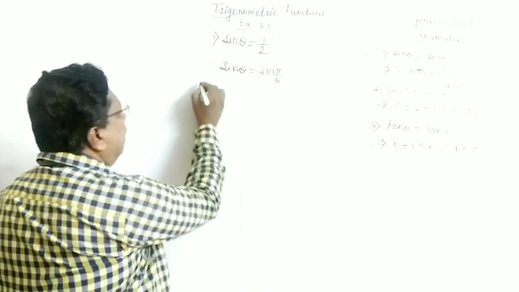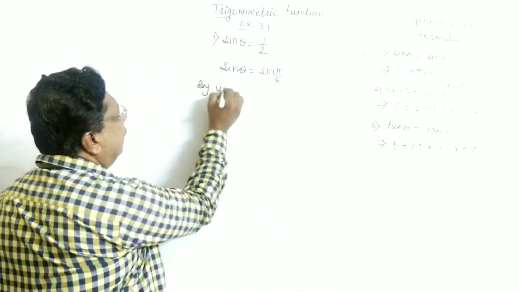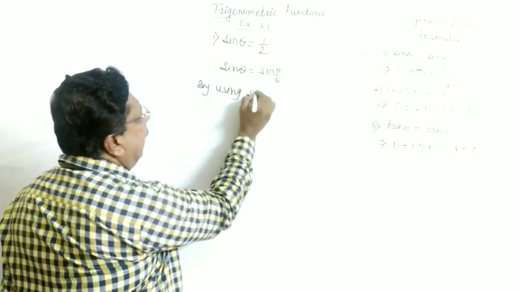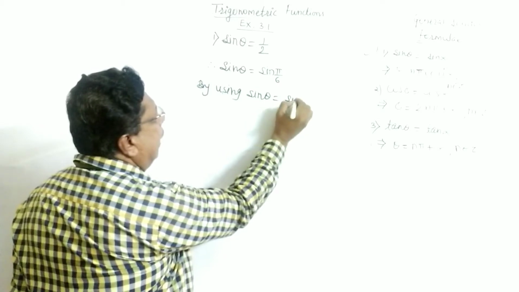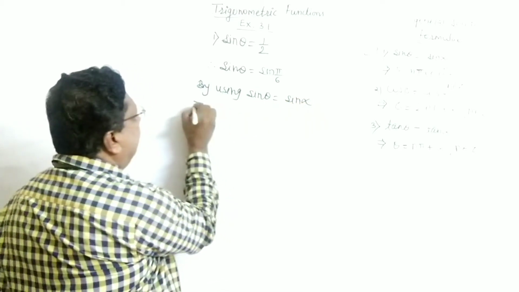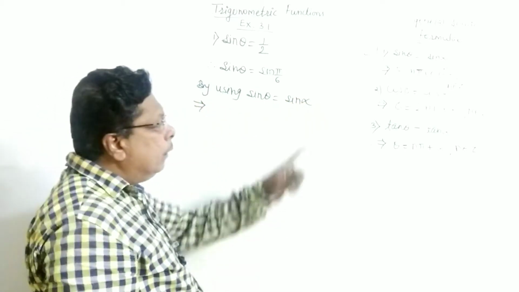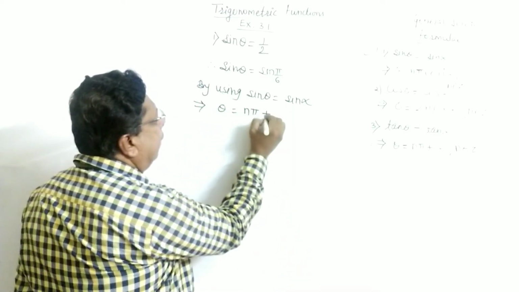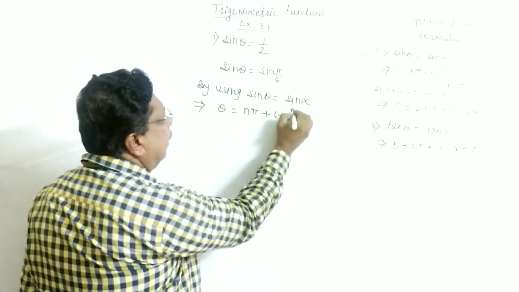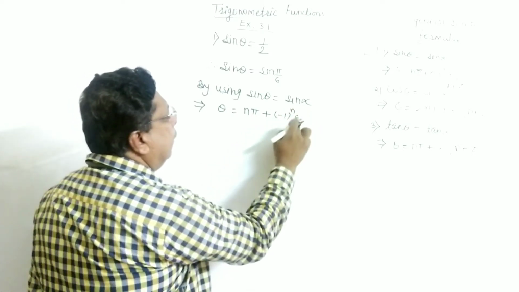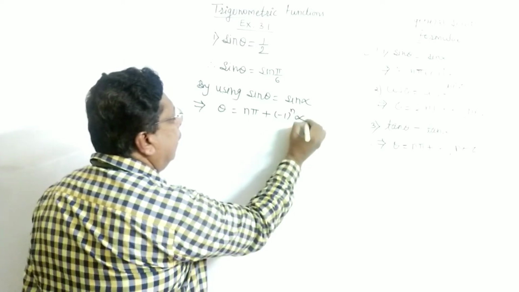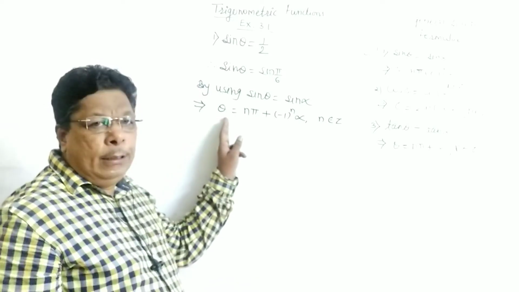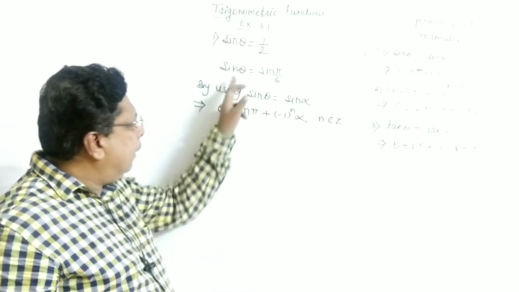Which formula is applicable? By using sin theta equal to sin alpha implies theta is equal to n pi plus minus 1 raised to n into alpha, and n belongs to Z. This is the formula. Now see, what is theta here? Theta same.